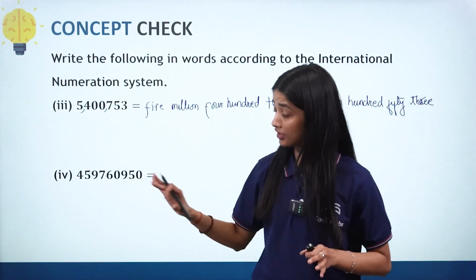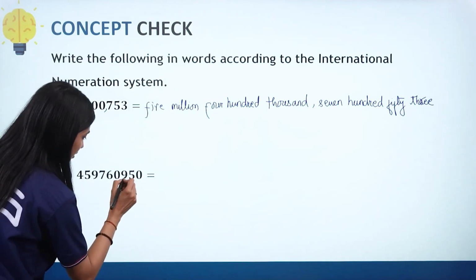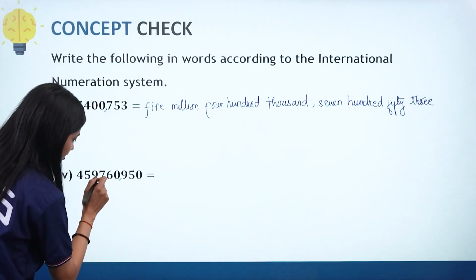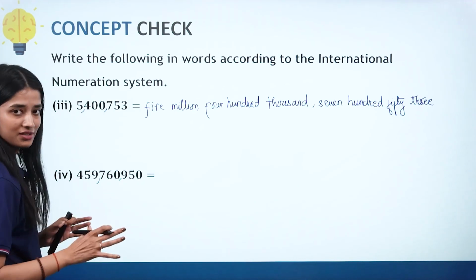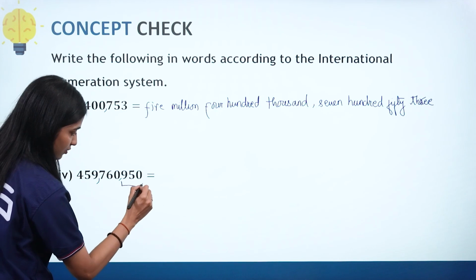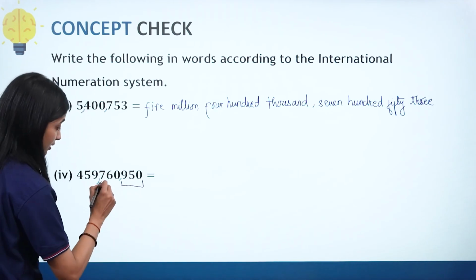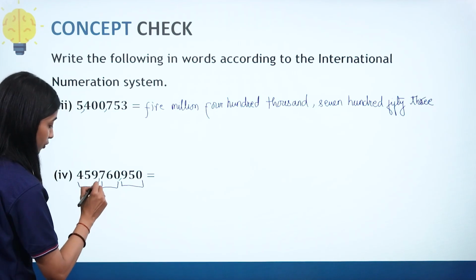Now when we talk about this number, first we will place the commas. Leave the 3 digits, place the comma, leave the 3 digits, place the comma, and leave the 3 digits. After that, we don't have any digit. This group is for ones, this is for 1,000, and this is for million.